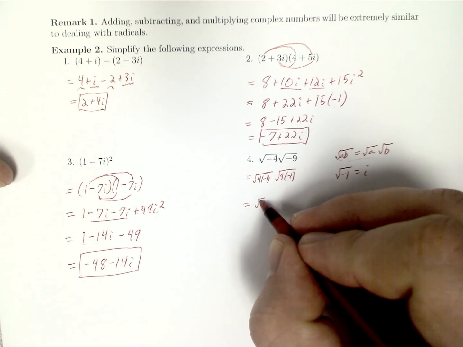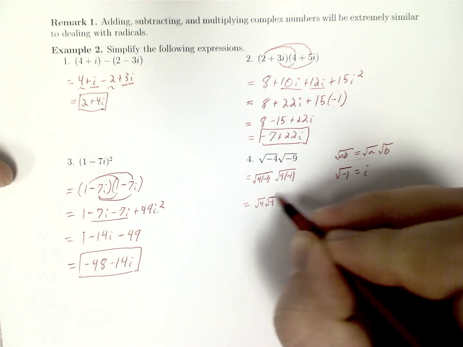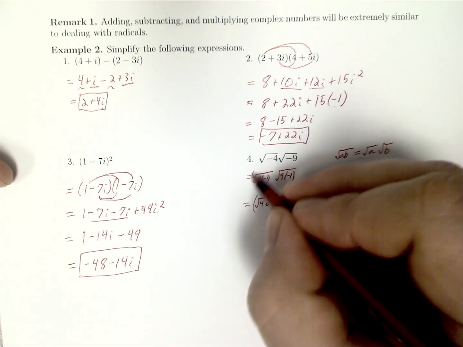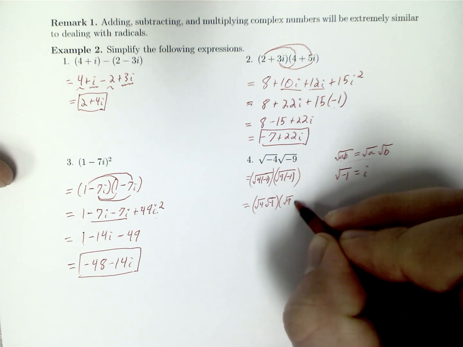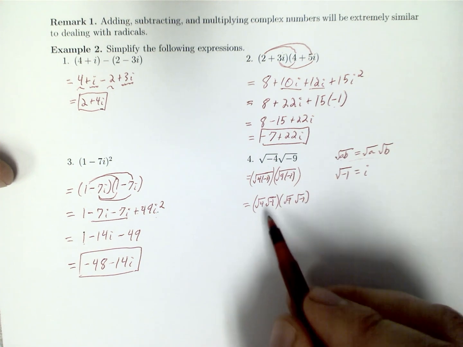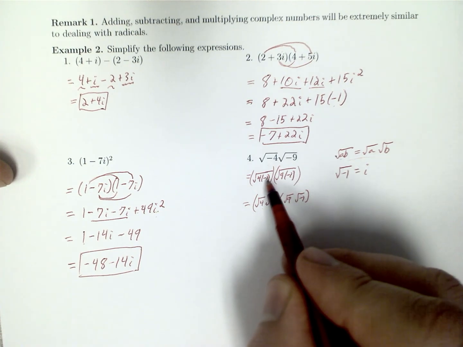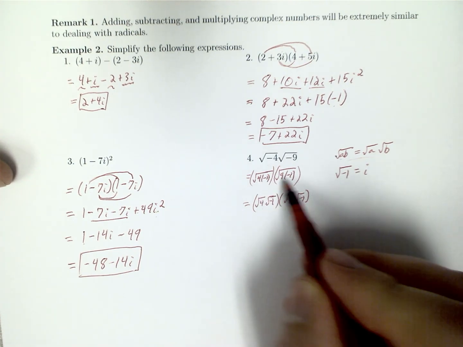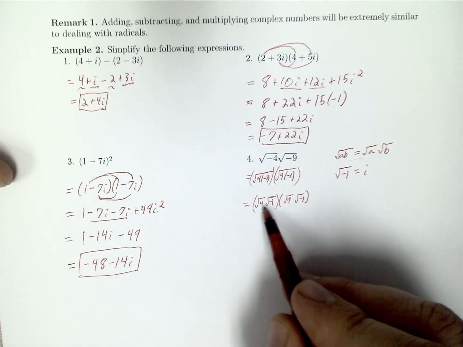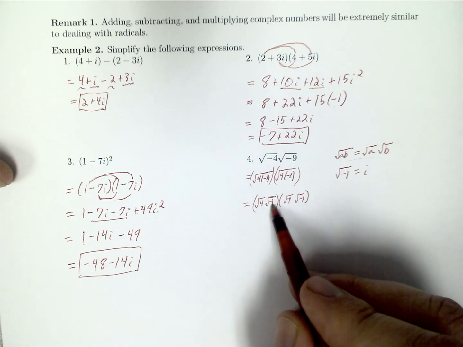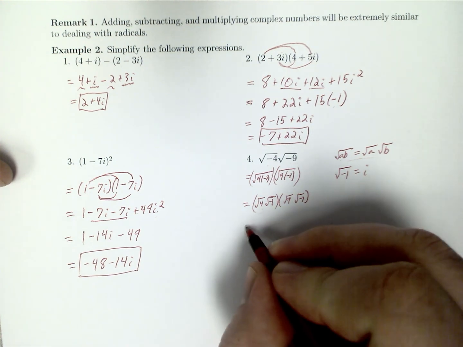So this is the same as the root of 4, the root of negative 1, and then the root of 9, the root of negative 1. Again, we can separate these because at least one of them is positive. If both of them are negative, then we couldn't do this. So I couldn't go from this step to this step if 4 was still negative and that was also a negative 1.